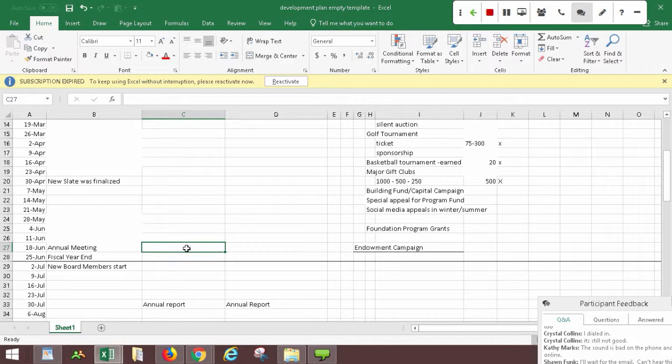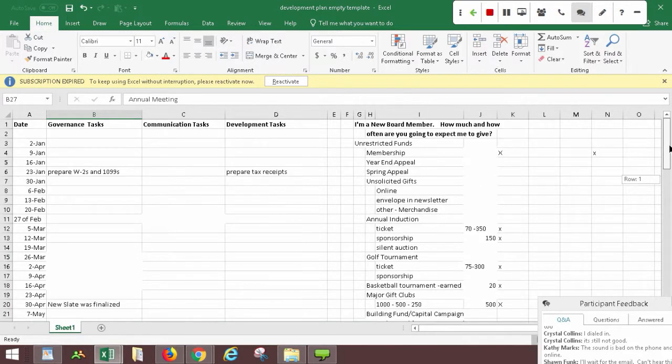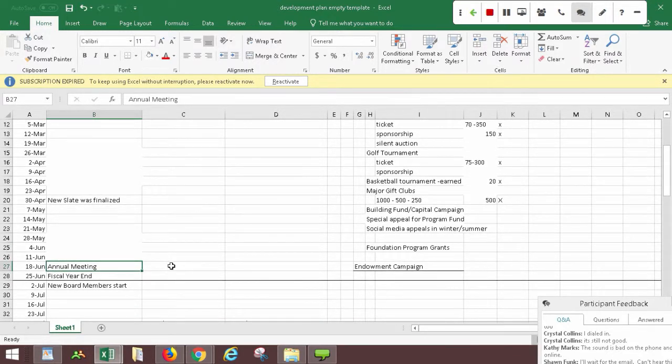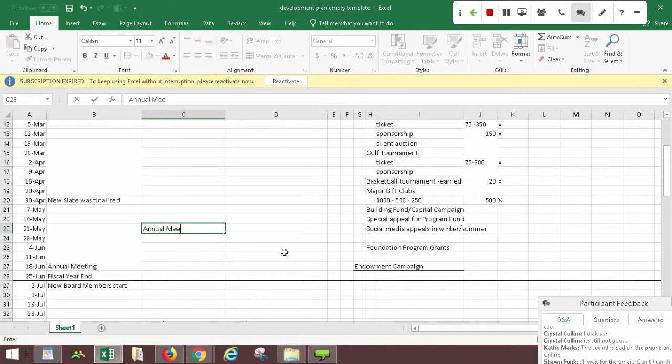But many organizations have bylaws that say the board is elected at a meeting of the members, with member defined as anybody who gave above X dollars in the previous year, which means your annual meeting, a governance task, becomes something where about a month before that, you've got a communications task where the annual meeting invitation must be mailed.